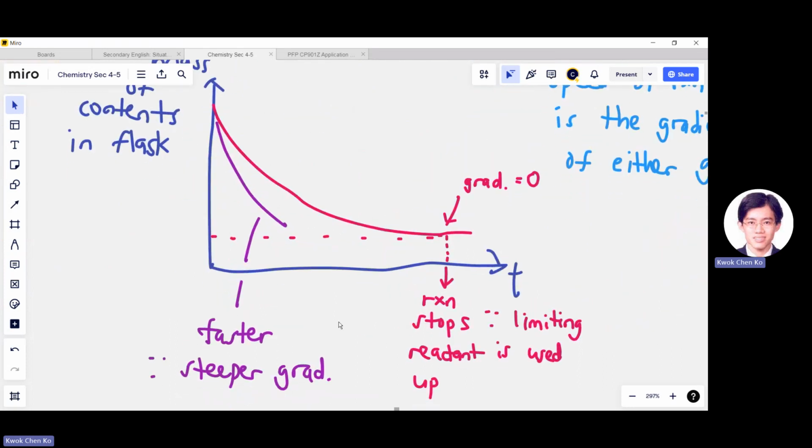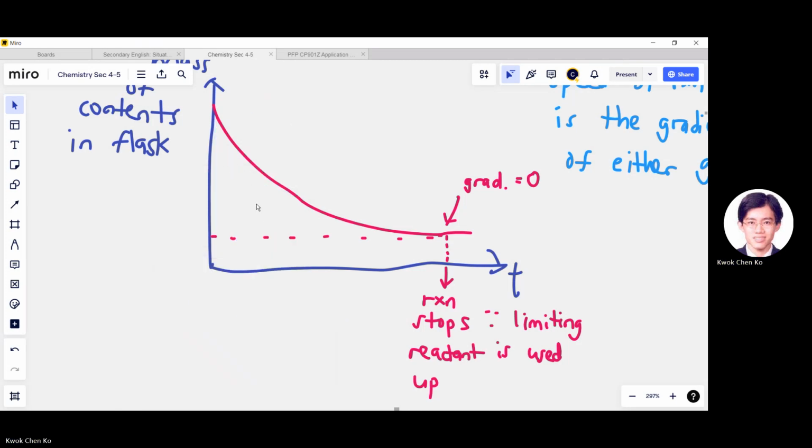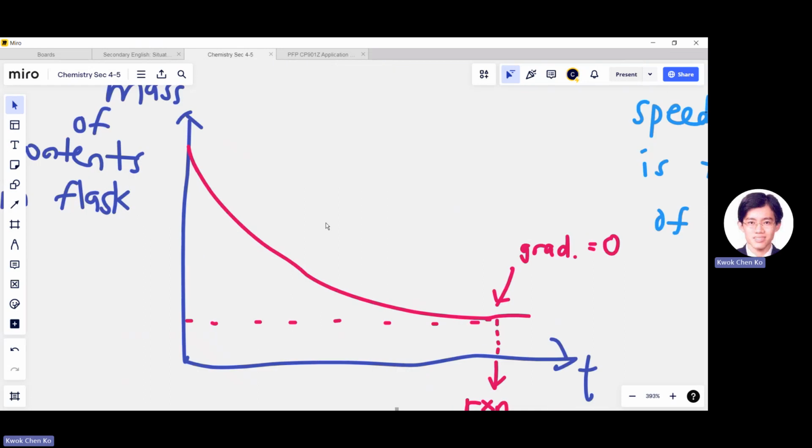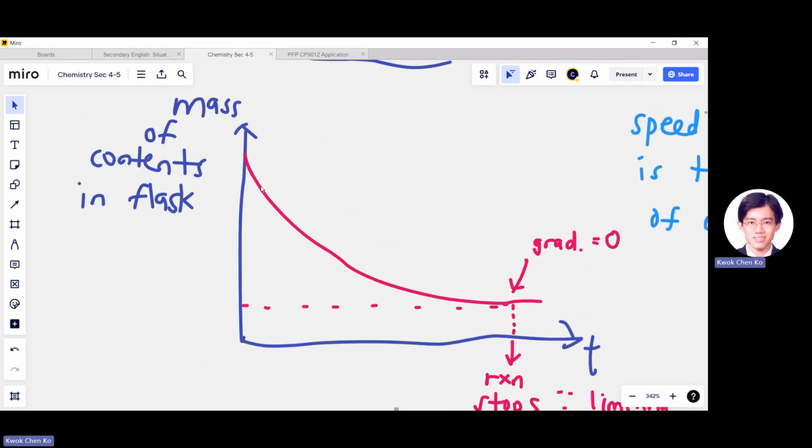Go back here again. I'll delete some of the stuff first. Look at your curve. Is the speed of reaction changing with time? Yes. When is the reaction the fastest?